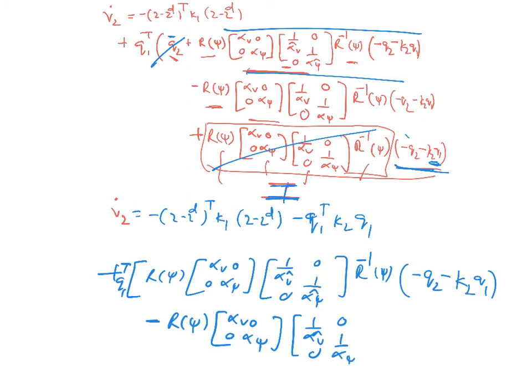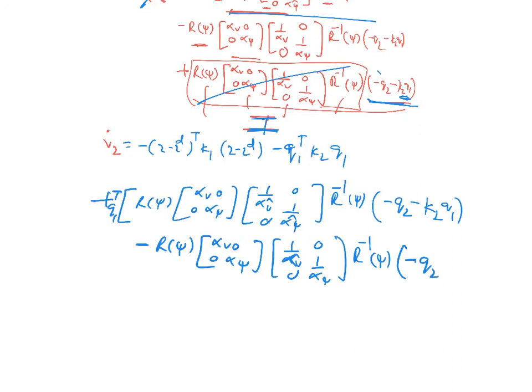No hats are there, just alpha V, alpha psi, R inverse psi minus Q2 K2 Q1. Now I want to take things common. The common things will be in both cases this and this, and these two.